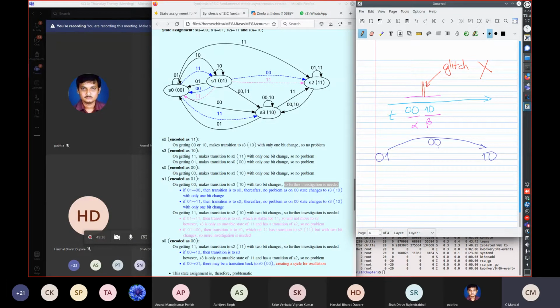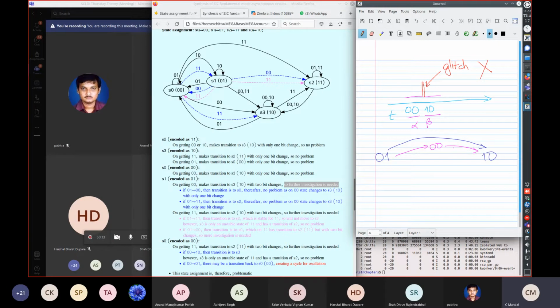That is the actual change that will happen. It will change to 0, 0, and then this 0, 0 changes to 1, 0.